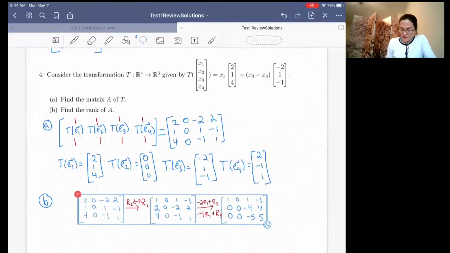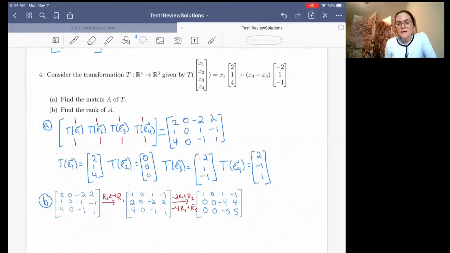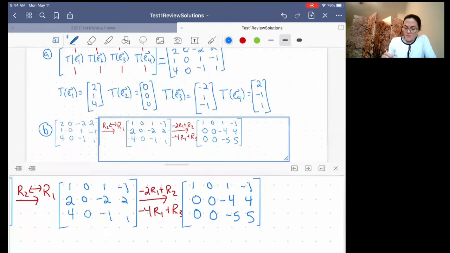What do we see? We see row 3 is now a multiple of row 2. So we should be expecting that the rank is only 2. But I'm going to do one more step to convince us of that. Normally, if I was going to go all the way to reduced row echelon form, I would be multiplying row 2 by -1/4 at this moment.